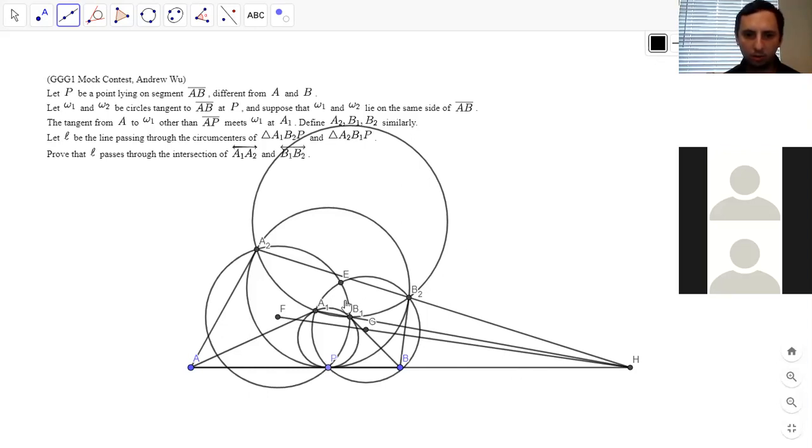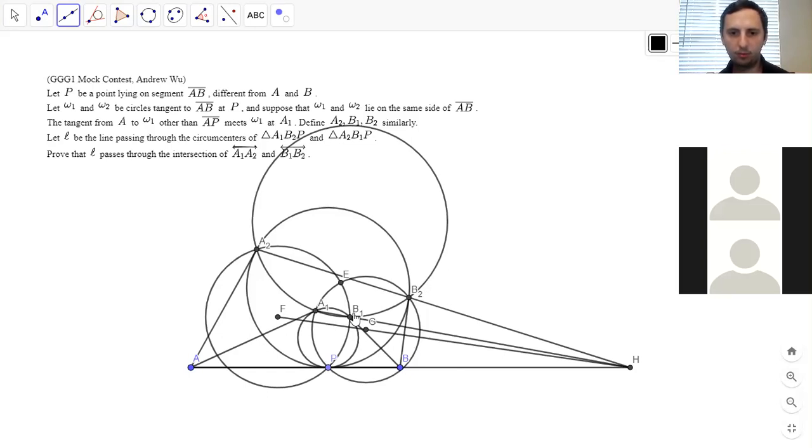A1, B1 is in a circle, because this is the Euler circle. It's like the Dragone point. Okay, so A, B, P, and H are in harmonic conjugation.